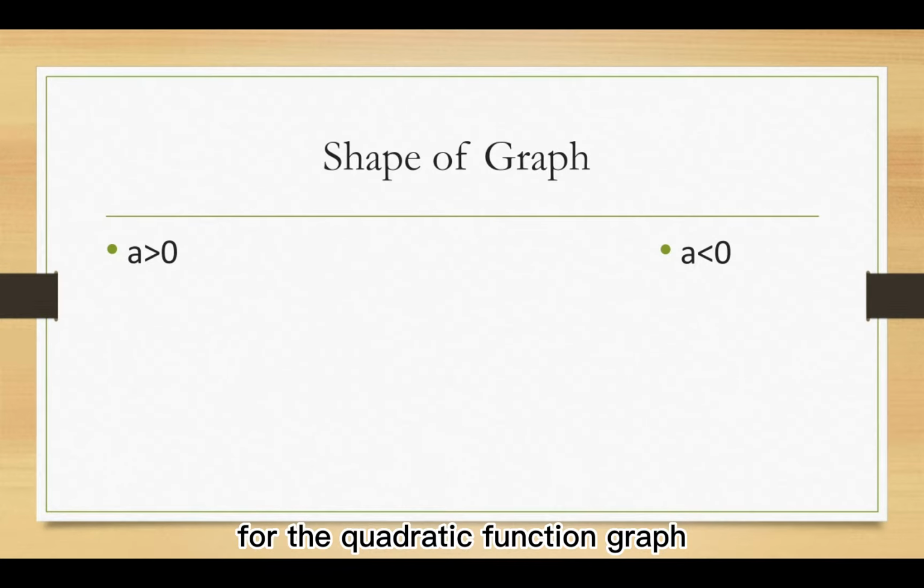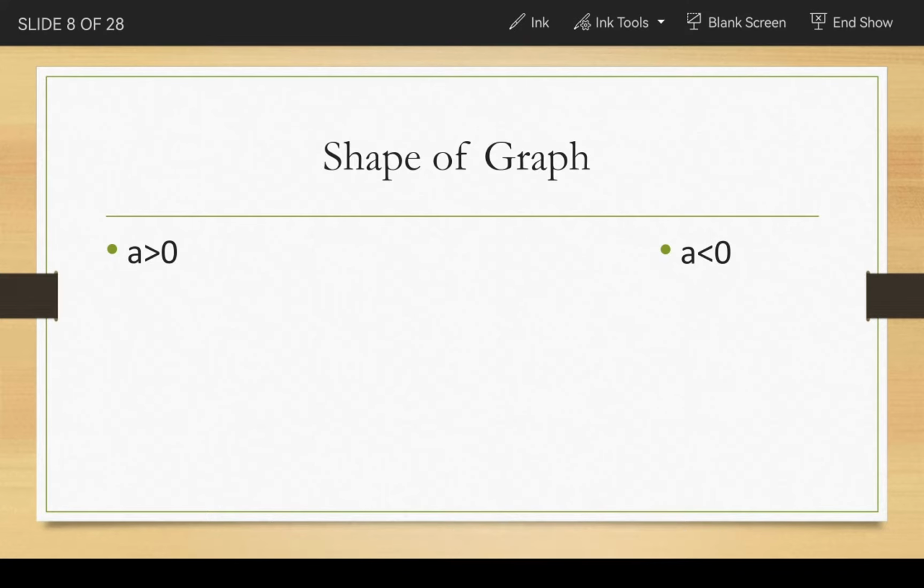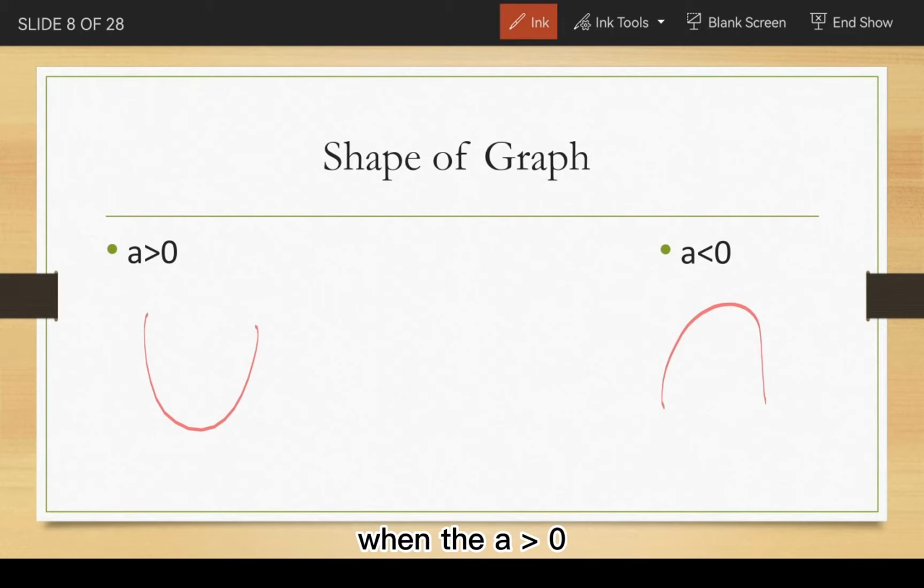For the quadratic function graph, you only have two types of graph, which are a smiling graph and a sad face graph. When a is greater than 0, it will be a smiling graph. And when a is smaller than 0, it will be a sad face graph.